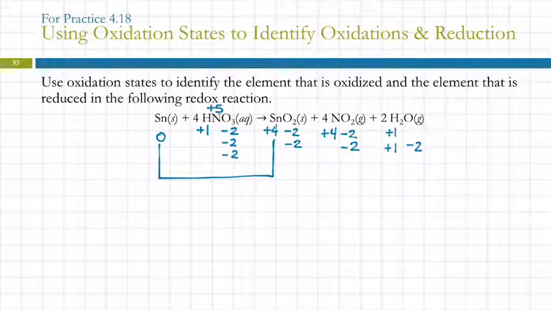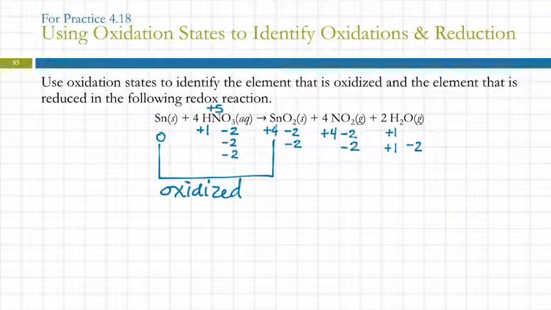That's an increase in oxidation state. We can also say that the tin has lost electrons because it went from a neutral atom to a +4 ion. It does that by losing 4 electrons. So both definitions give us the same result. So the tin is being oxidized.